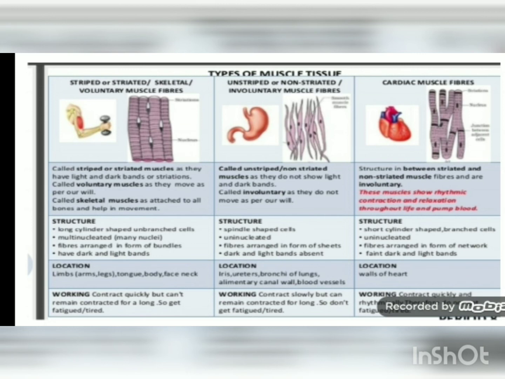These fibers are arranged in the form of sheets, and their location is the iris. The iris is present in our eye, then ureter, bronchi of lungs, alimentary canal, and walls of blood vessels.